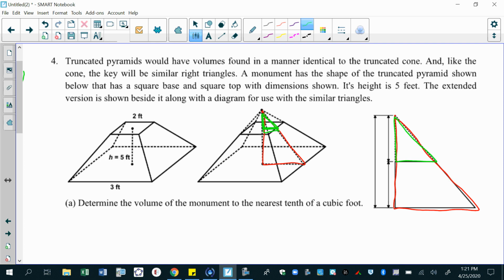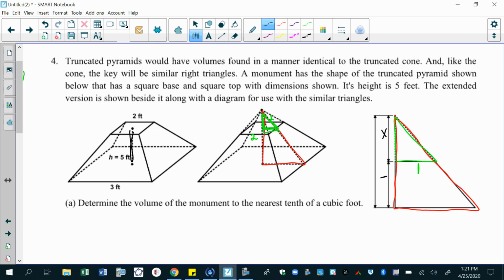So from that, they tell you that this is 2 up here. So if this is 2, then this one's 1, because that's half of that. And this is what we're looking for, the height of this extra piece. We knew that this part was 5, so that's the same thing here.